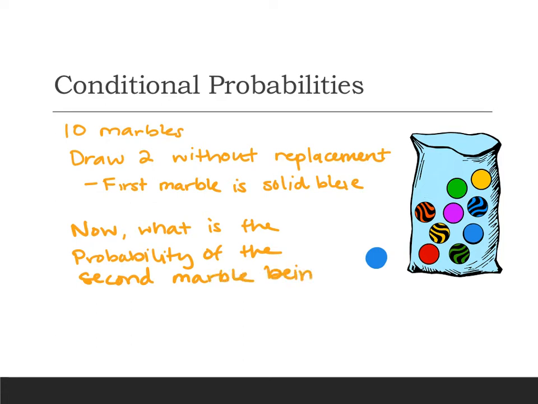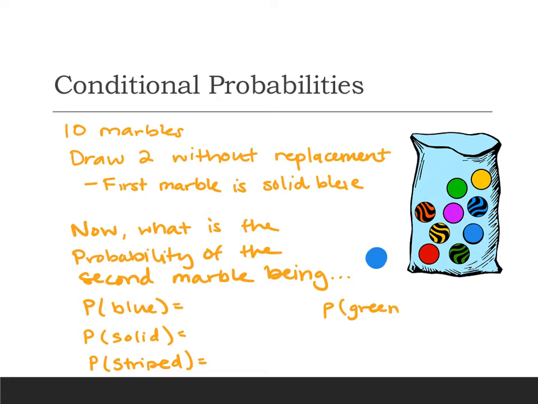being, and I'm actually going to do a couple. What's the probability that the second marble is blue? What's the probability that the second marble is solid? What's the probability that the second marble is striped? And what's the probability that the second marble is green, just another color that's not blue?